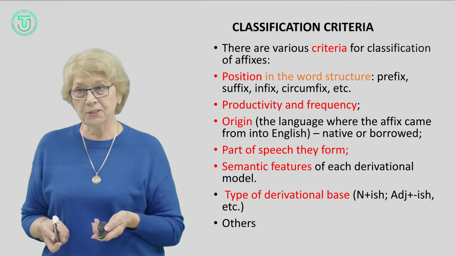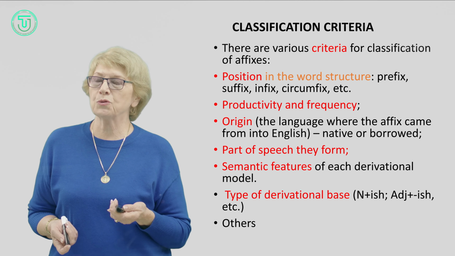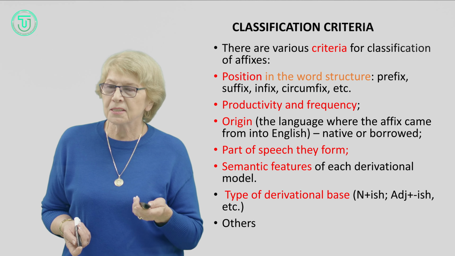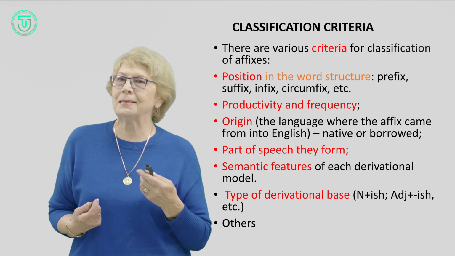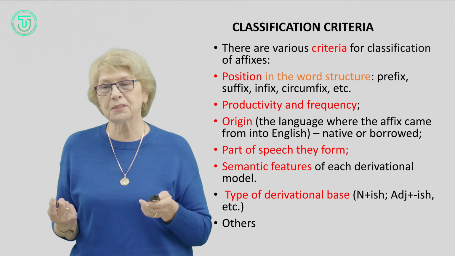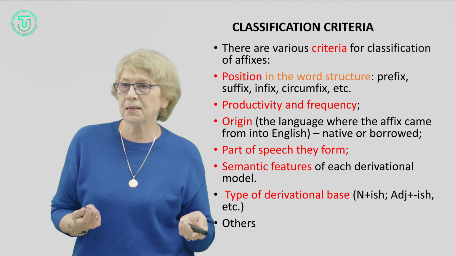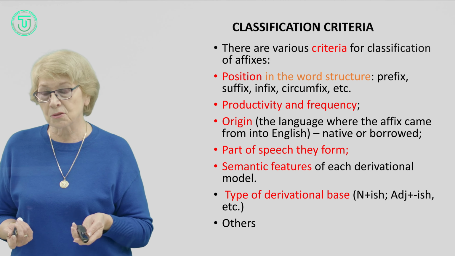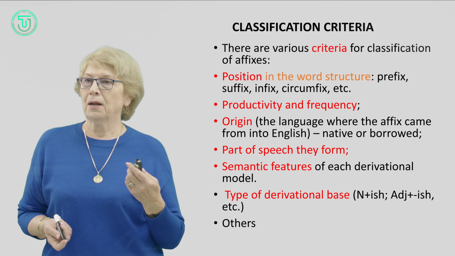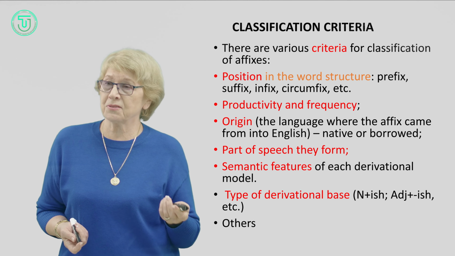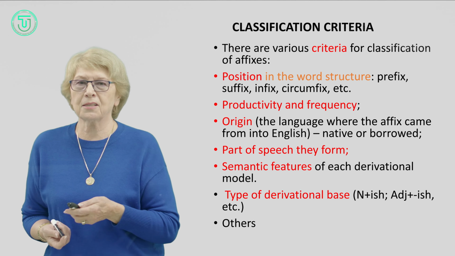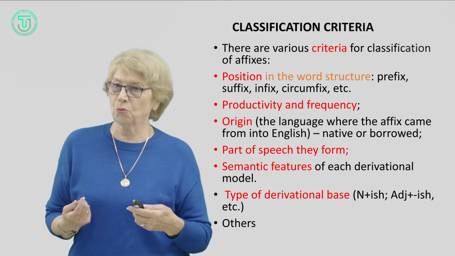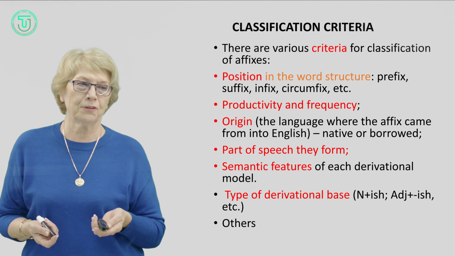Frequency is another criterion, which shows us the analysis of which affixes are particularly interesting, particularly active in certain types of texts, in medical texts, in business texts, in other types of academic texts, you know. So different types of sciences, different types of scientific texts, journalistic texts, they prefer using certain affixes in producing new words.